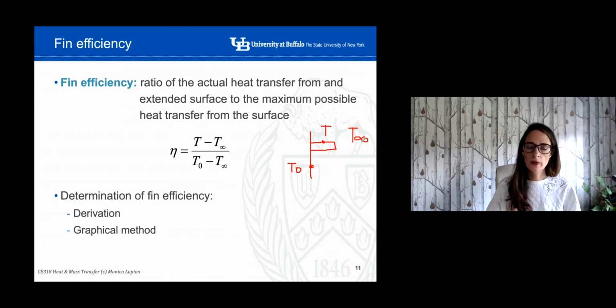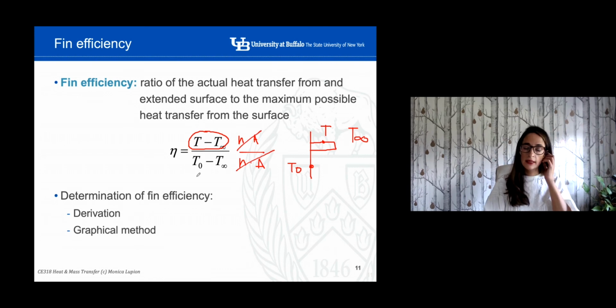So applying the concept of fin efficiency, the fin efficiency will be the ratio of the actual heat to the maximum heat, because h and area will cancel, since it's the same in both cases. And this is the equation that will define the fin efficiency.